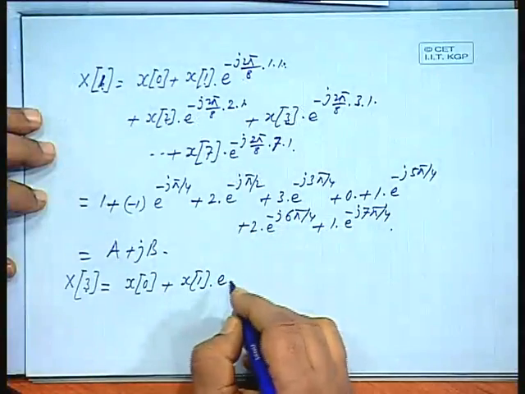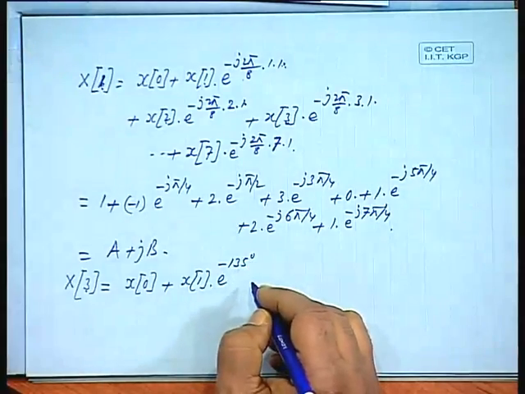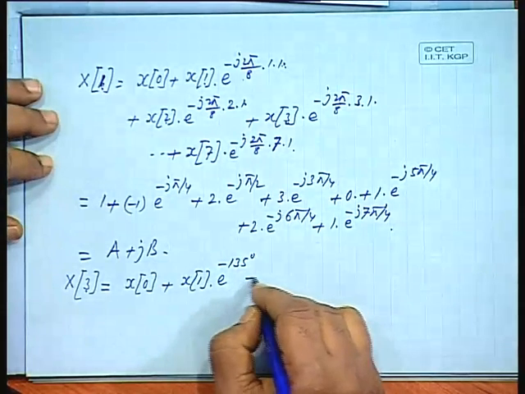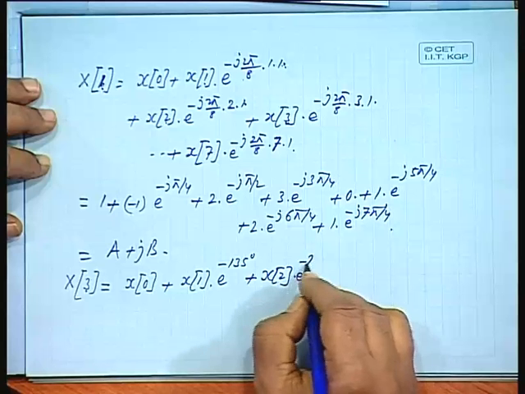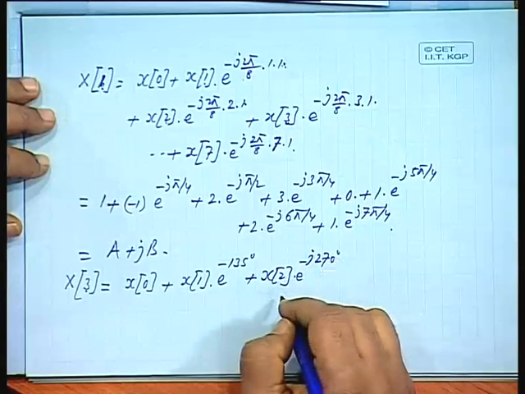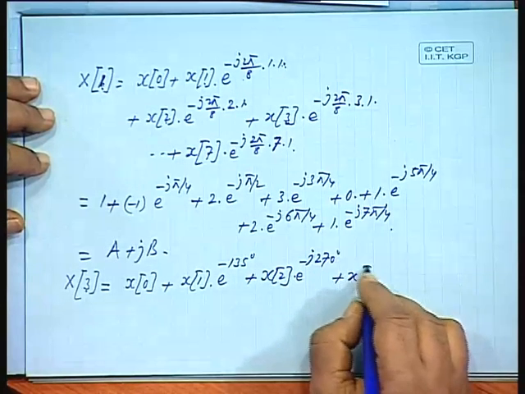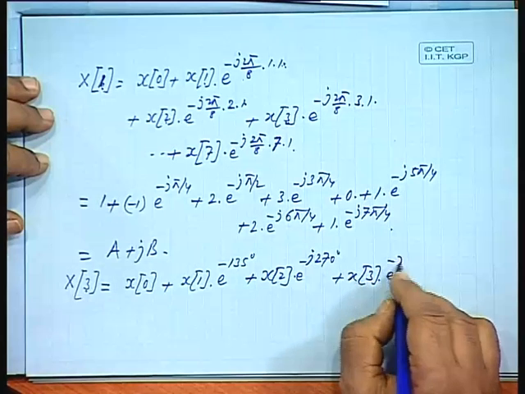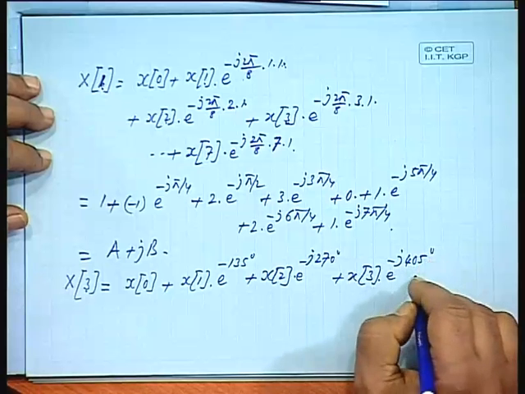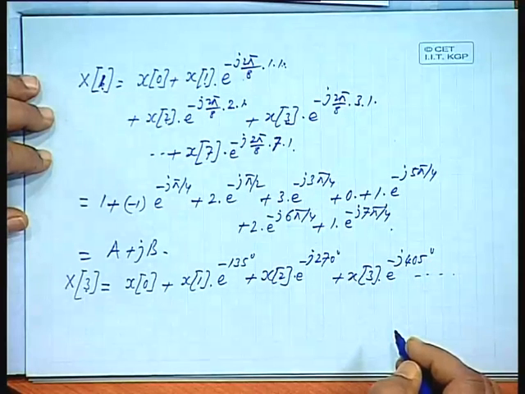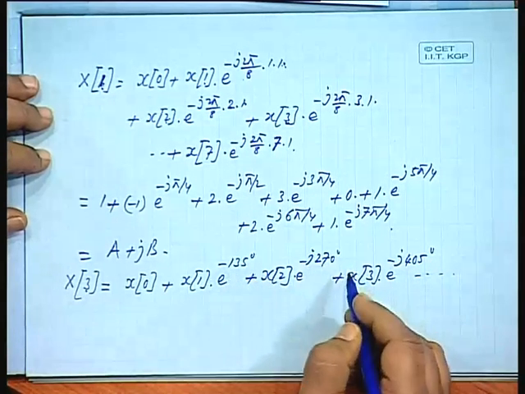Is that all right? So, x1 into, if you permit me to write in terms of degrees, which you are probably all more comfortable with, minus 135 degrees, I will write like this only for ease of understanding. Then x2 into e to the power minus j 270 degrees, all right, plus x3 into e to the power minus j 405 degrees, and so on. Is that okay? And you compute the values.